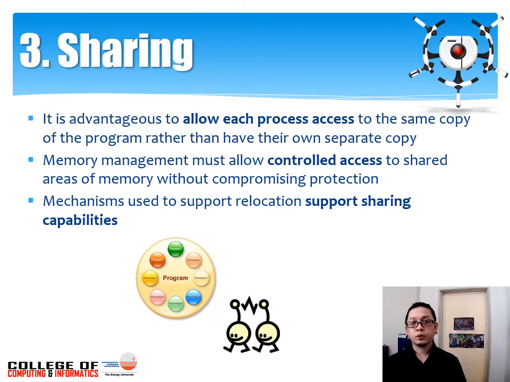For example, when you do copy and paste, you are copying and pasting whatever information is already there in the main memory at that particular time. Let's say you are copying from the Firefox browser, and then you paste that data in Microsoft Word at another time. This is one simple example of the sharing capability.